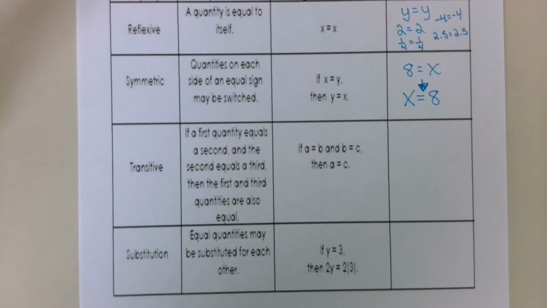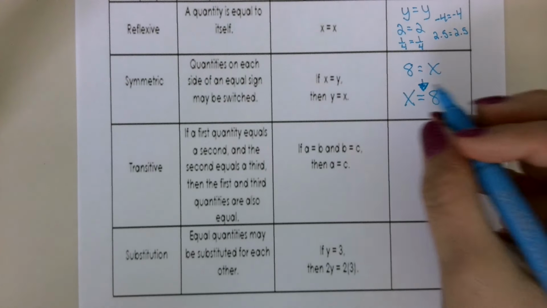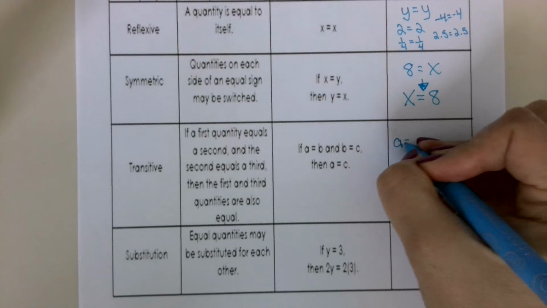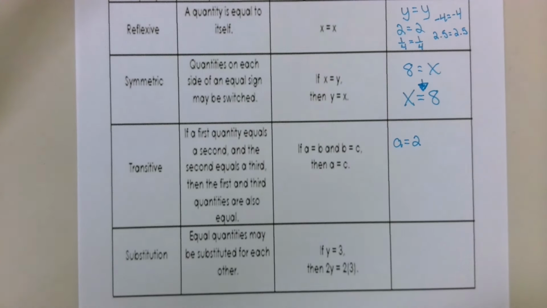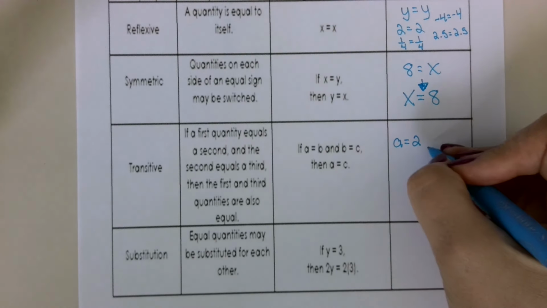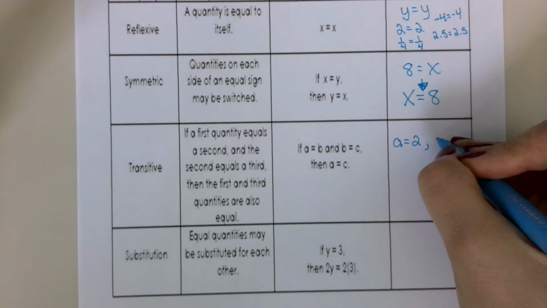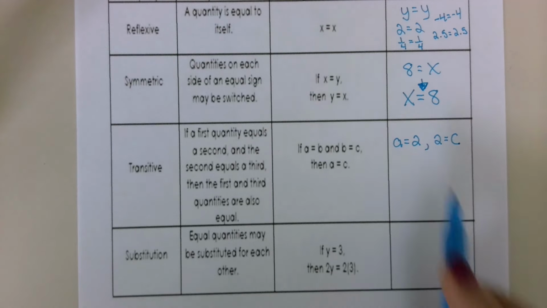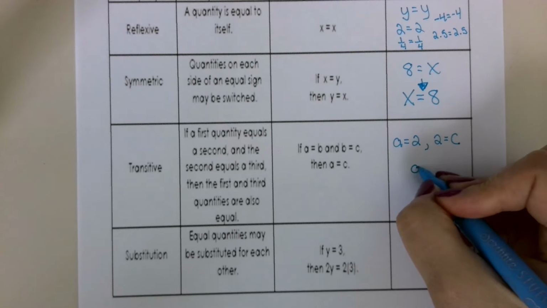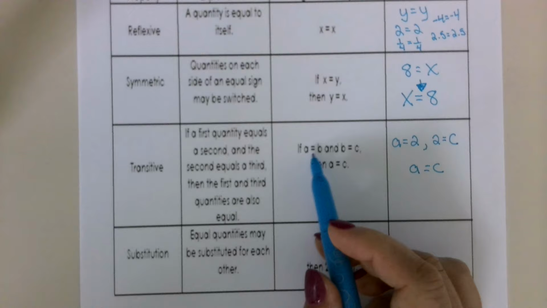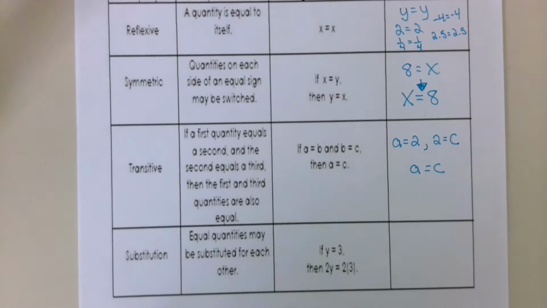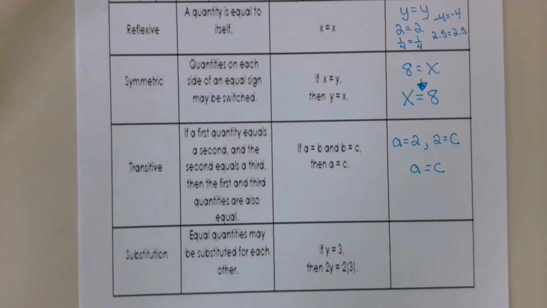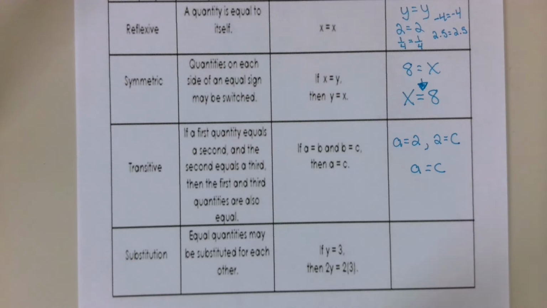The transitive property is just saying if I have one value, like let's say I say A equals 2, but I also know, because I've said that's B, 2 equals C, then A equals C. So I just substituted a 2 in there. We're not going to use that much this year yet, but it's out there now.